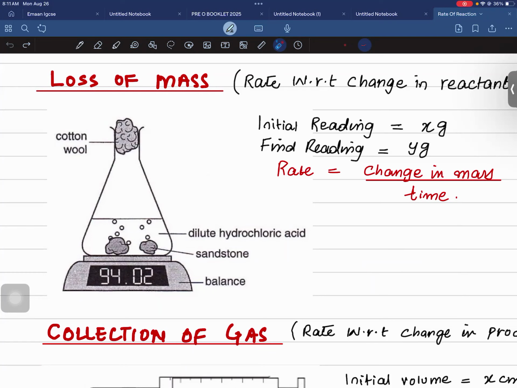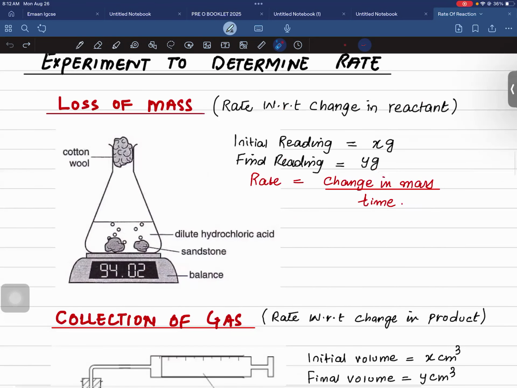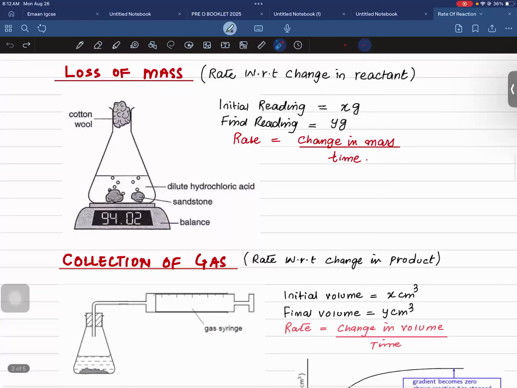But if the loss in mass is taking so much time, let's suppose it has taken 5 minutes to decrease the mass by 0.02 grams, obviously I can say that the rate of reaction is slower. So this is an experiment by which we can determine how the rate of reaction is, whether it's very fast or very slow.